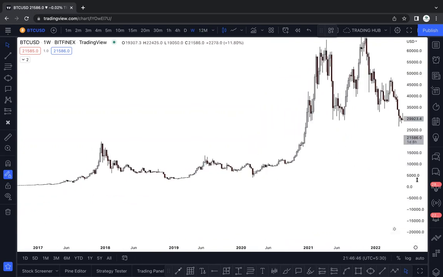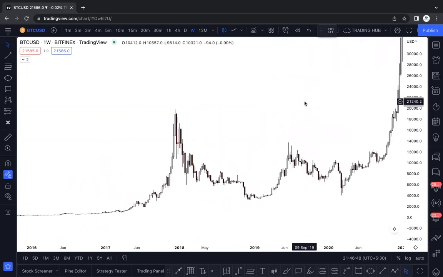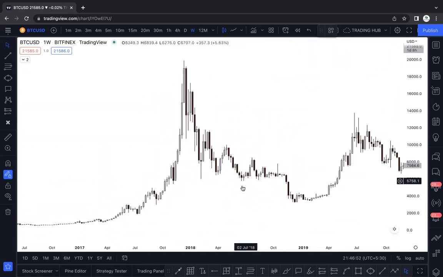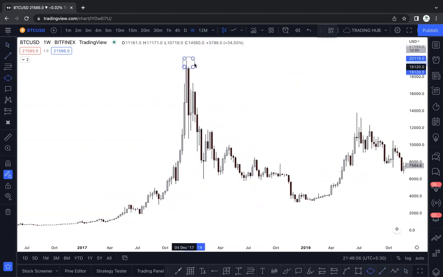First, look at the left side. The market created a new high here. This was the all-time high in 2017. And then what happened? The market must take out the recent low, recent order block, recent liquidity before going higher, if the market actually wants to go higher.